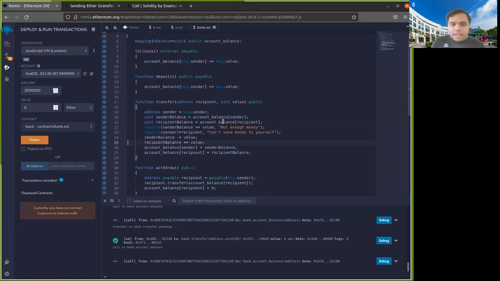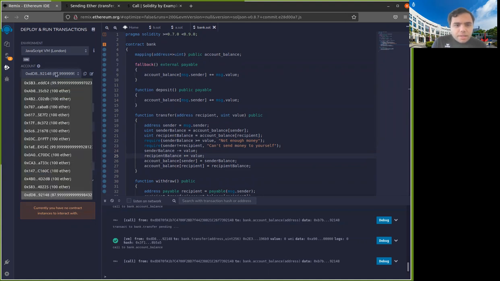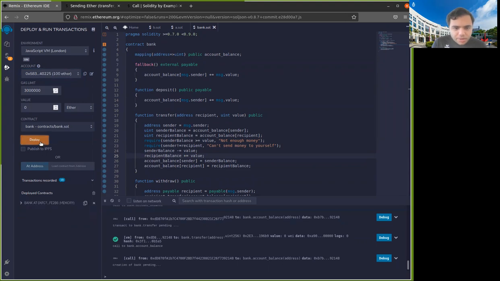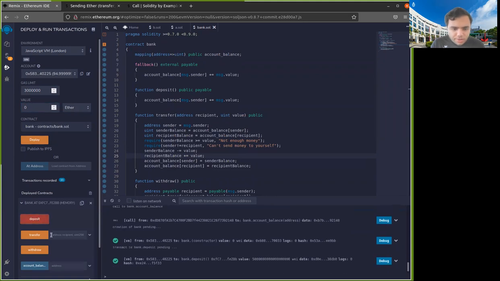When I said I can create money out of thin air, what I meant was that I can actually steal money from this bank contract. So let me show you an example of how that would work. Let's say I deploy this contract, and let's say I deposit some money. With this account, I'm depositing 5 Ether.